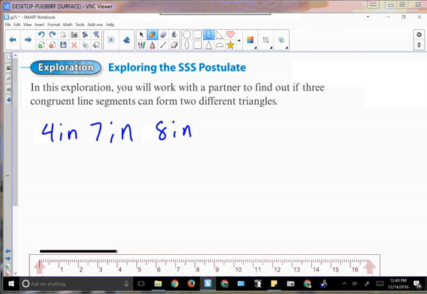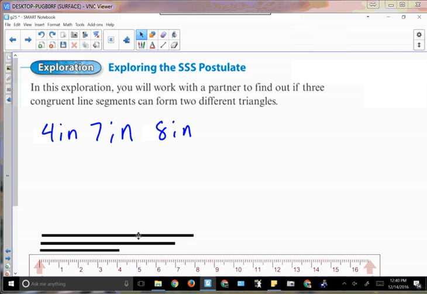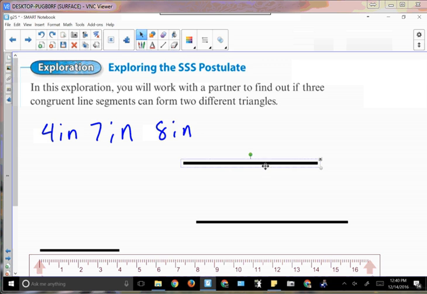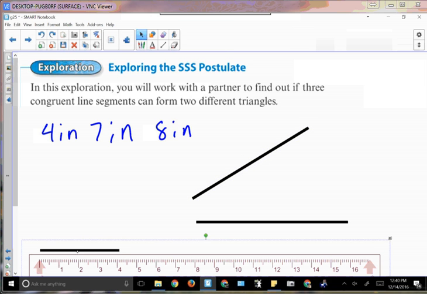Okay. All right. So there was my 4. My 7. Yes, I need to use rectangles in order to do this because the rectangles allow me to do a rotation. Okay, so I got 8. So I set this over here as my base. Got this one here. I'm going to have to rotate it in some shape or form, right? Do that.